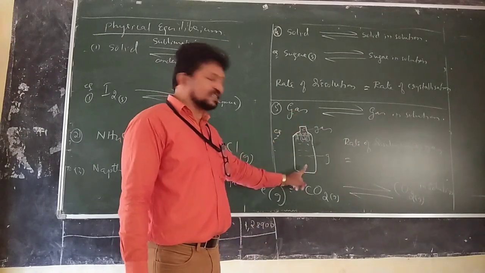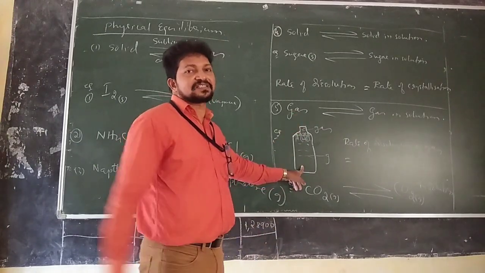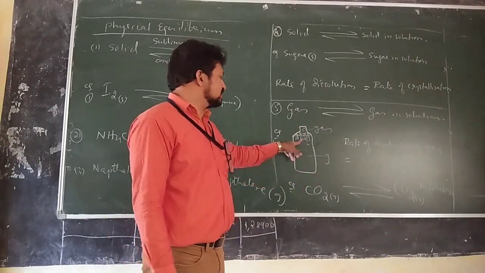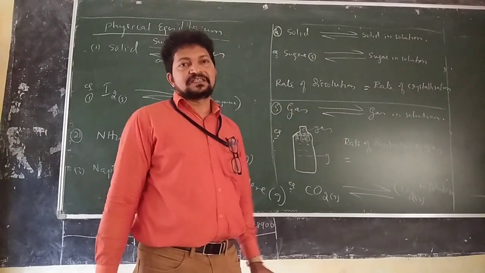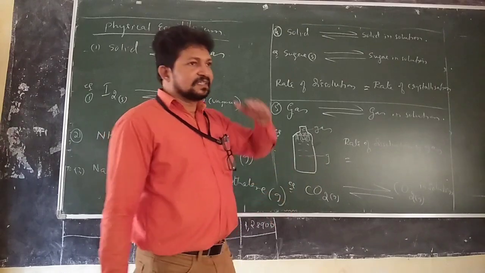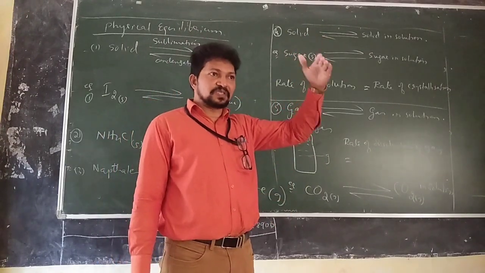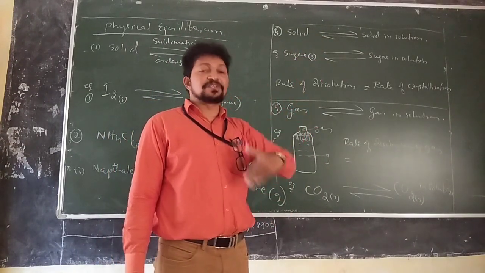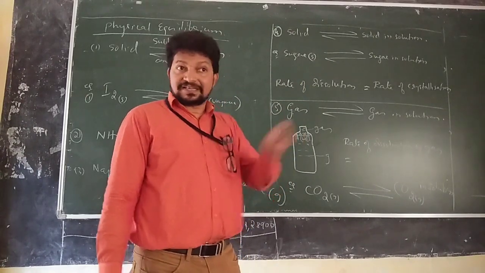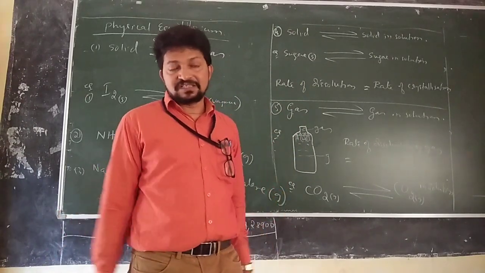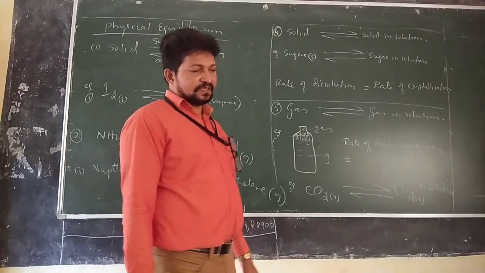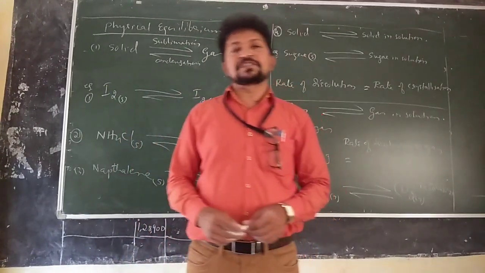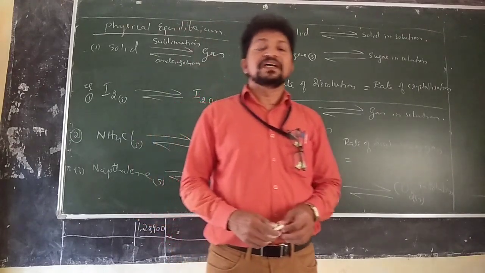Whatever gas enters the solution is a dissolved gas. Whatever gas has not been dissolved is a pure gas. So what is the equilibrium here? Pure gas establishes the equilibrium with the gas dissolved in the liquid, or you can say solution. Okay, so these are all examples for physical equilibrium.